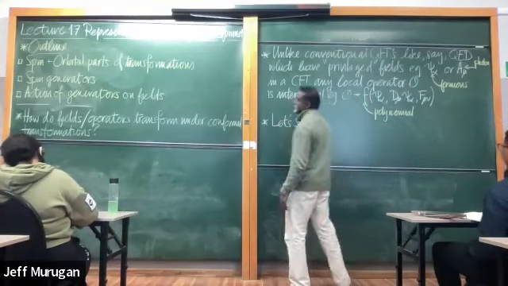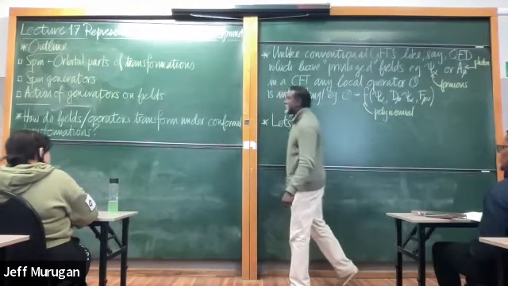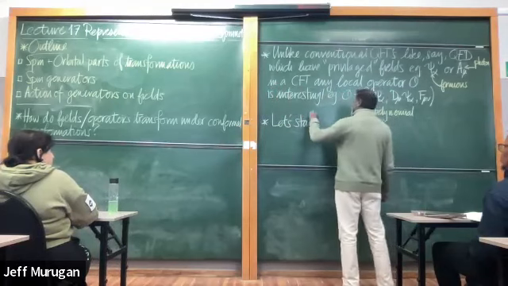Ask, how do fields or operators transform under Poincare transformations?